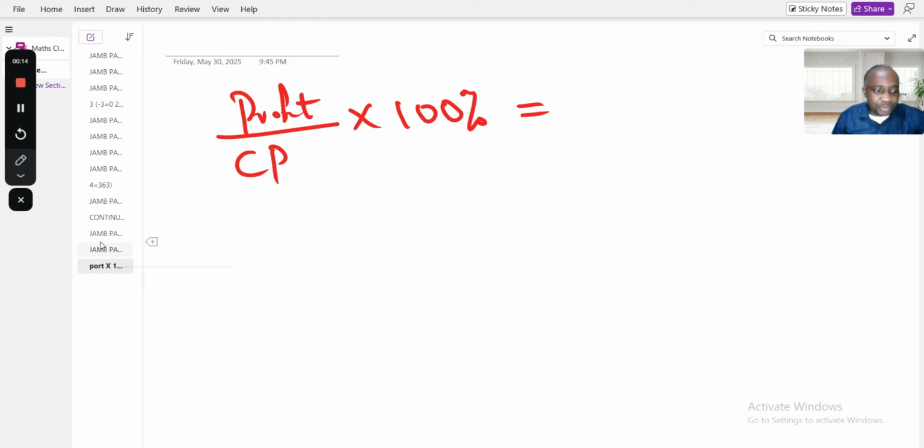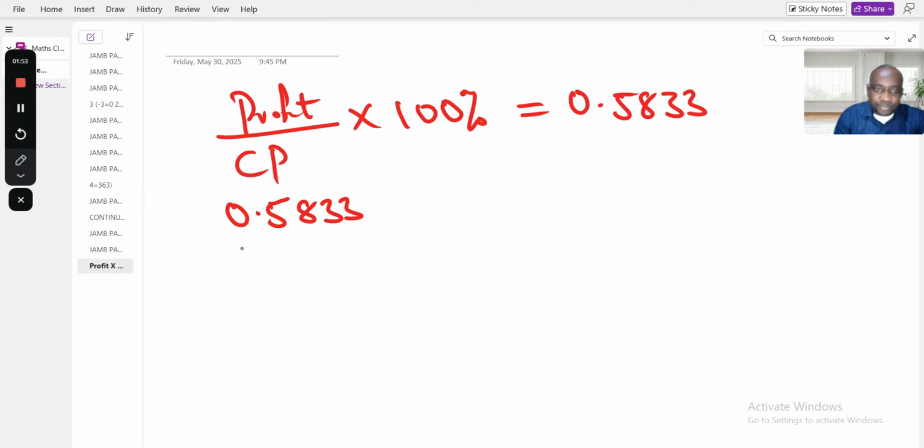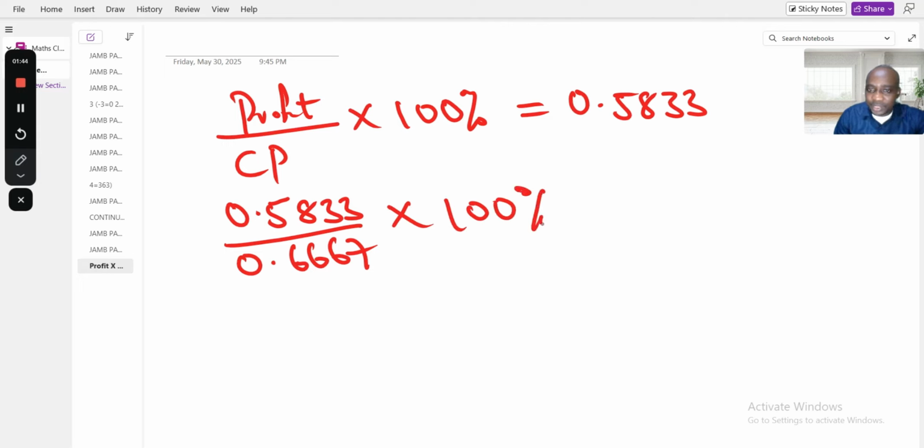Our profit is 0.5833. Now let's apply the formula: 0.5833, which is profit, over the cost price, 0.6667, multiplied by 100 percent.